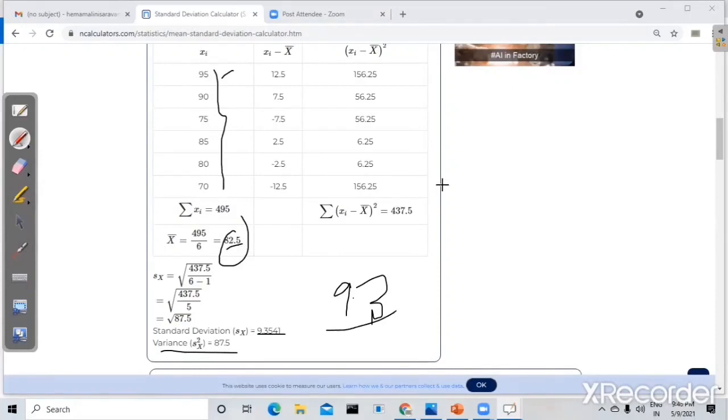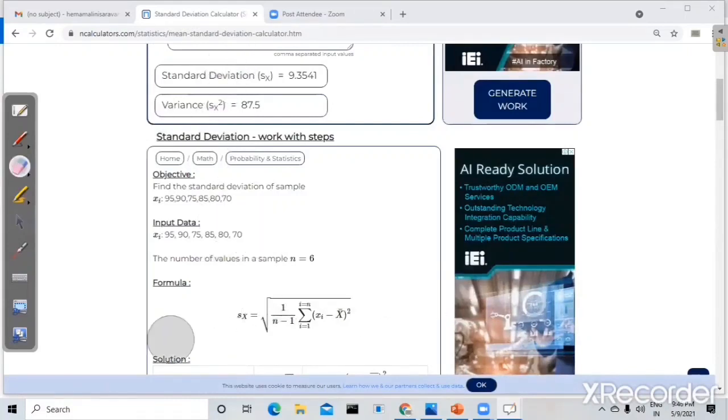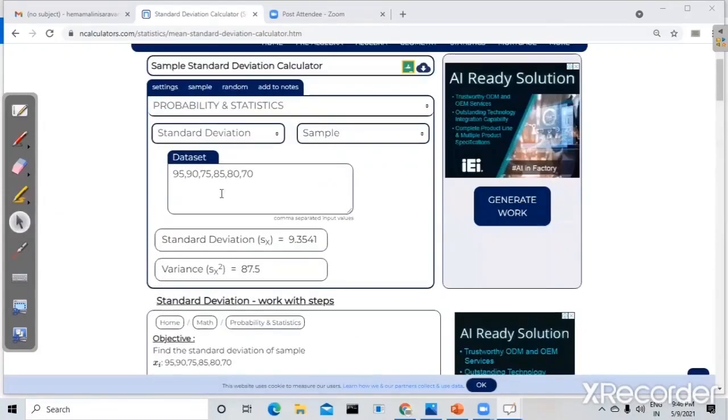Okay, for better understanding, we quickly see the standard deviation and the variance for some other values. For example, now we take the marks of student Y. Student Y scored above 95 in all subjects.